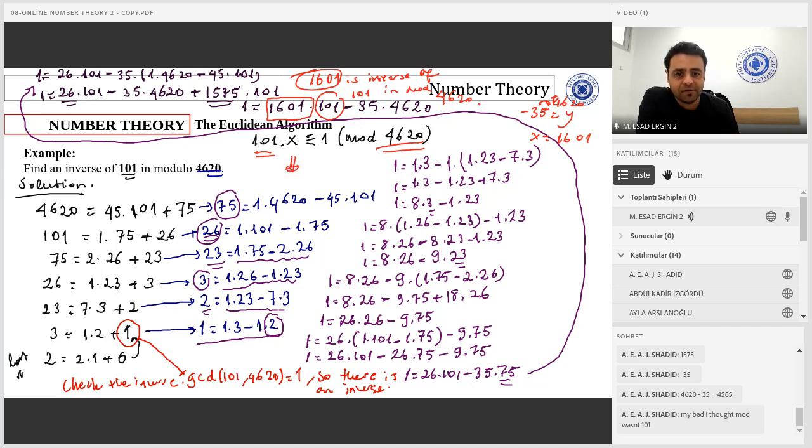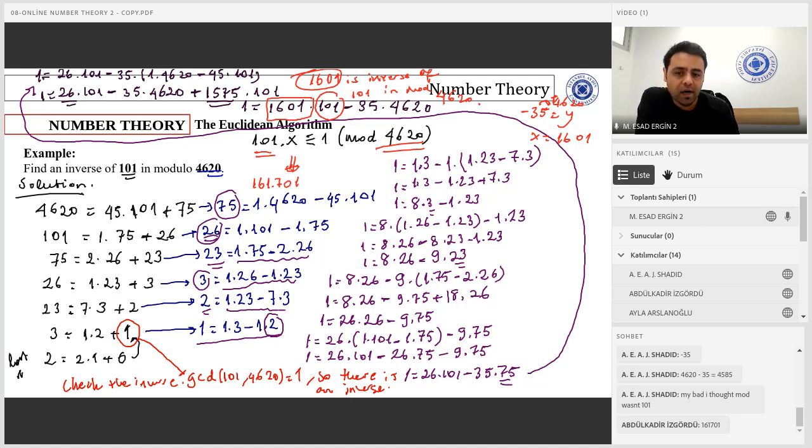It means that if I multiply, let us do it if you wish, 101 by 1,601, the result is 161,701.